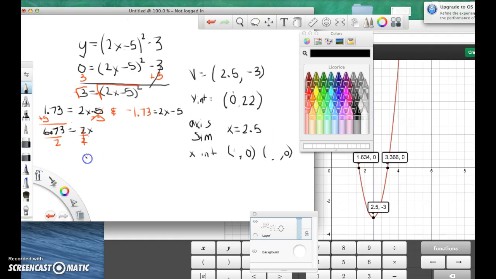So one of the x values will be half of this. 3 into 6 is 3, 3 into 7 is 2 with 1 left over, 3 into 13 is 4 with 1 left over. And look at this, 3.366. So that's going to be one of our intercepts.